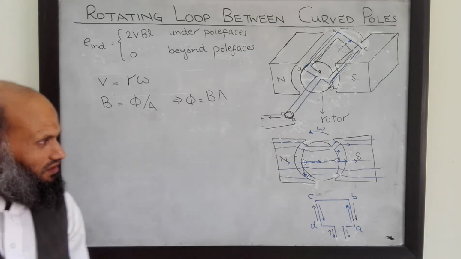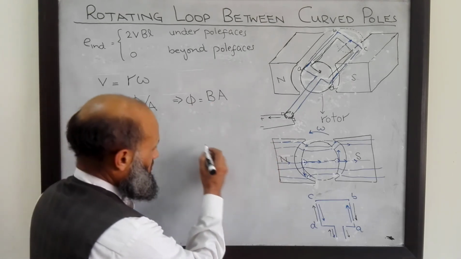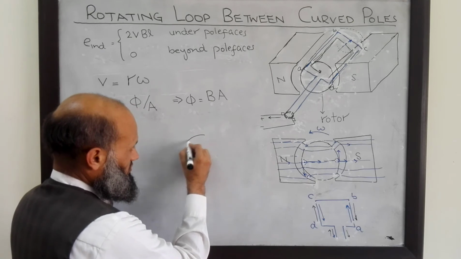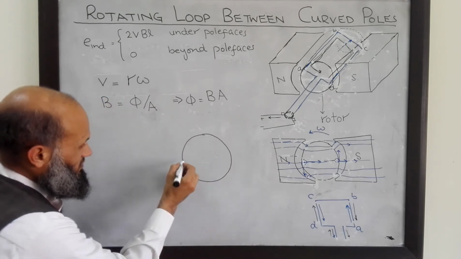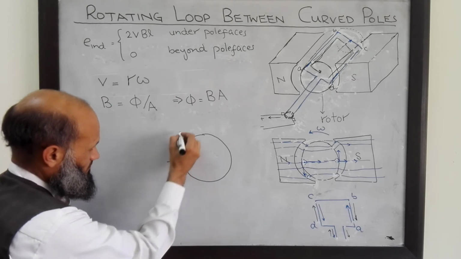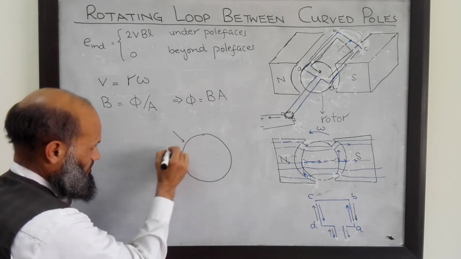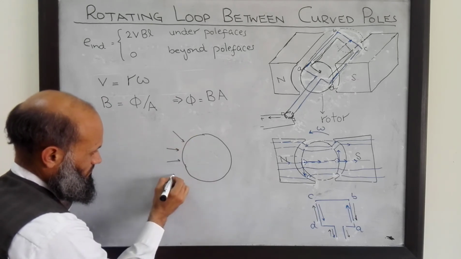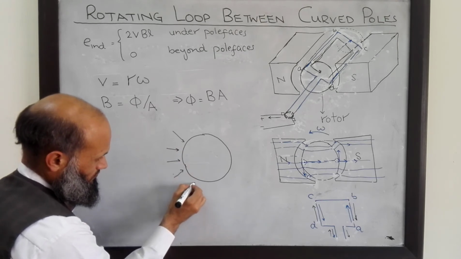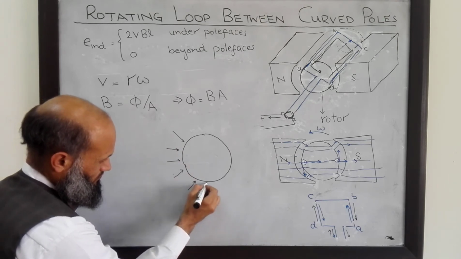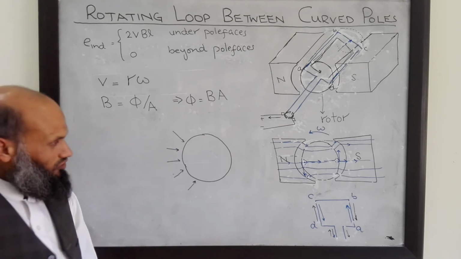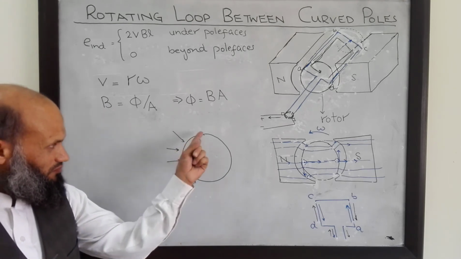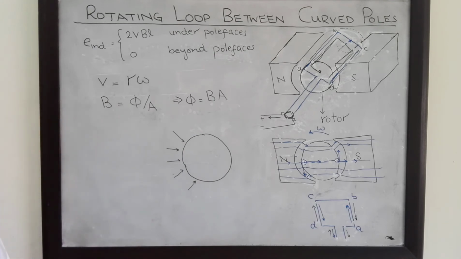So in this case, for the case of this cylindrical rotor, flux lines are like this one. So what is the area which is perpendicular to these flux lines?